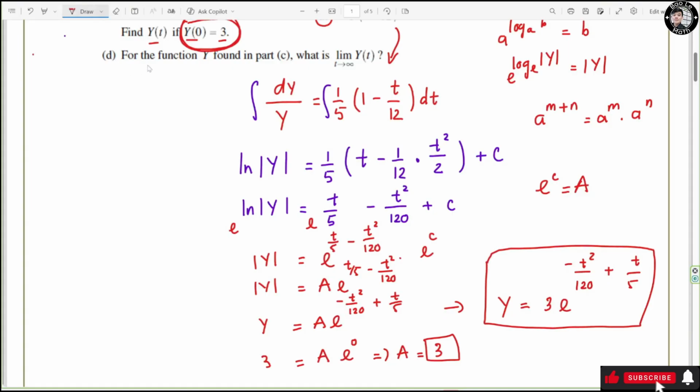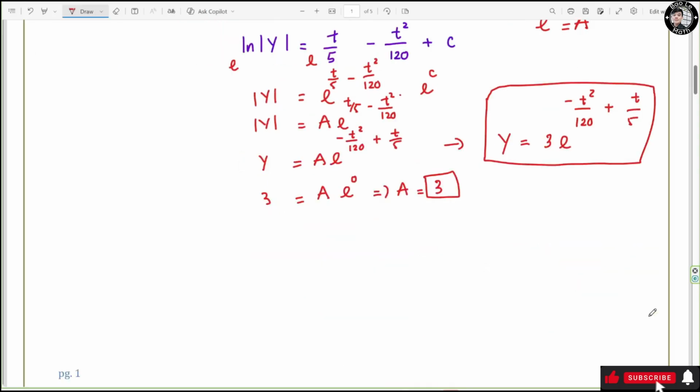Now question D. For the function y found in part C, what is the limit of y of t when t approaches infinity? So basically, we just find the limit of this function. So the limit of y of t when t approaches infinity equals the limit of 3 times e to the negative t squared over 120 plus t over 5, when t approaches infinity.